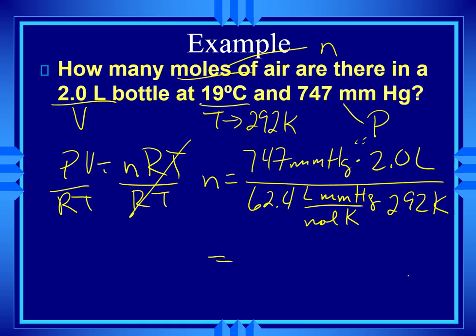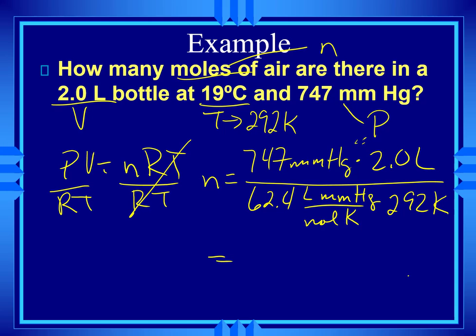So I push the buttons. 747 times 2 divided by 62.4 divided by 292. There's two things on the bottom, so you have to push divided twice. If you push times, it's going to do the division first, then take that answer and multiply by what you get, and that's not what you want to do.